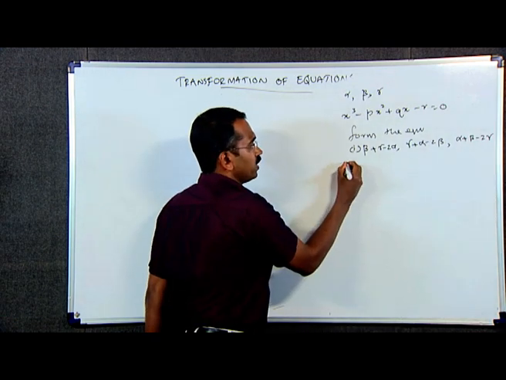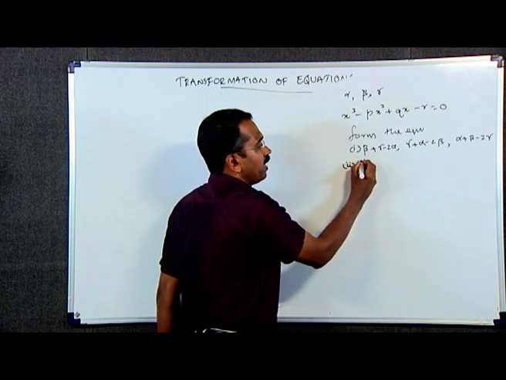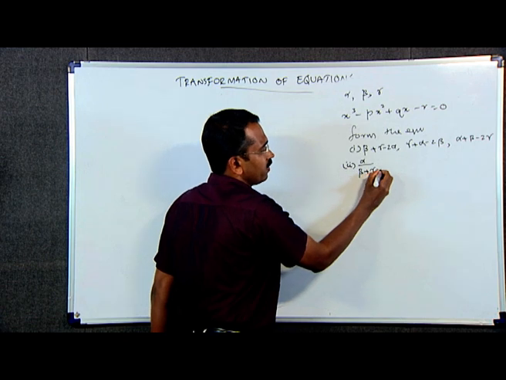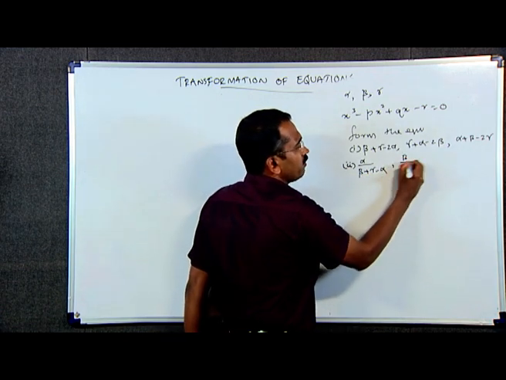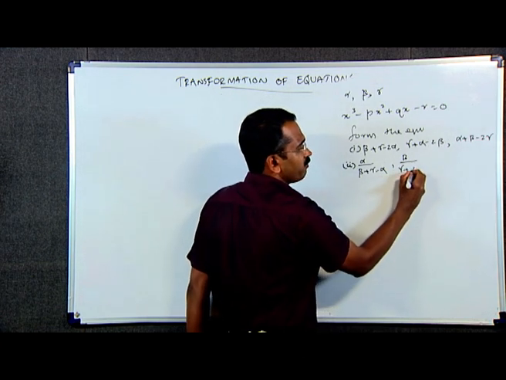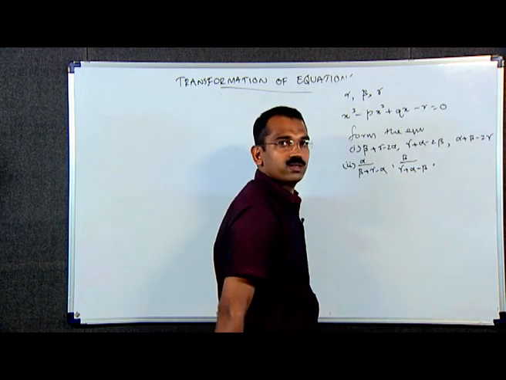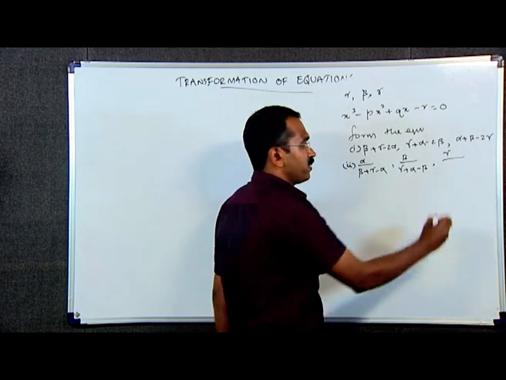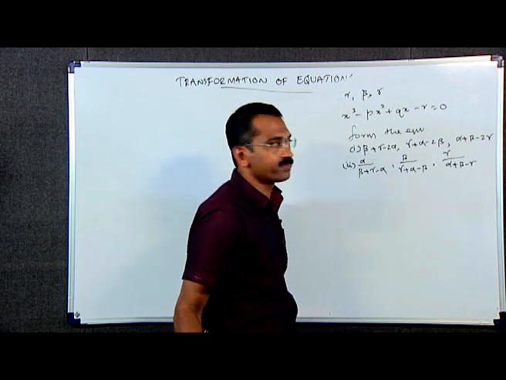And second one is we want to form the equation whose roots are alpha divided by beta plus gamma minus alpha, beta divided by gamma plus alpha minus beta, and third one is gamma divided by alpha plus beta minus gamma.